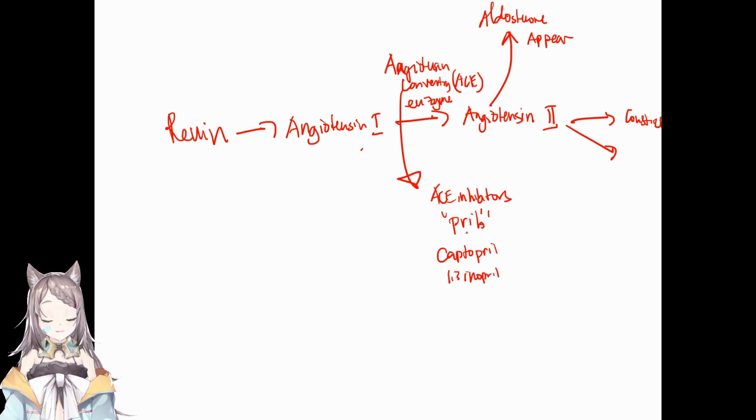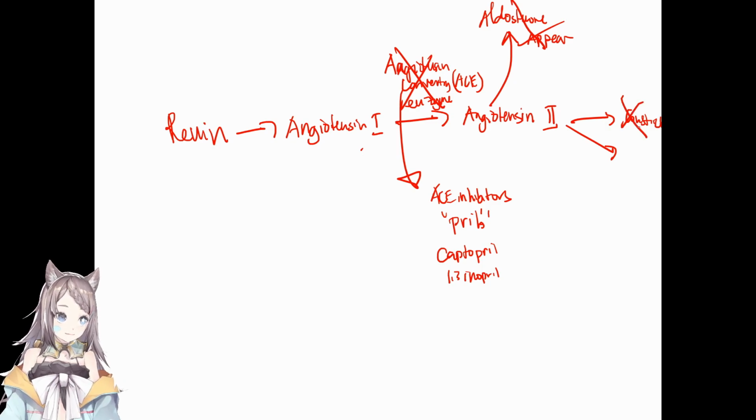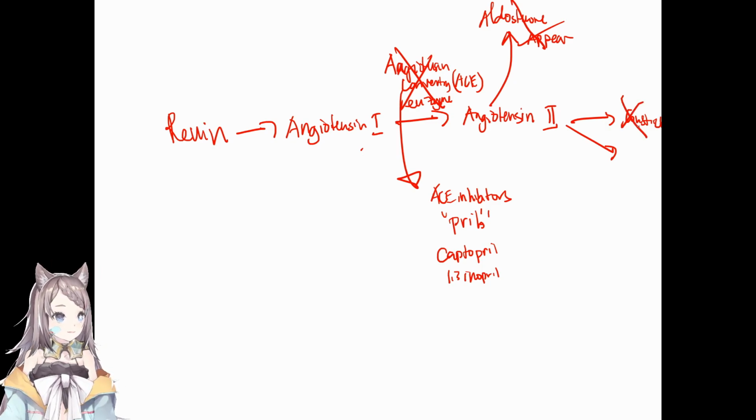These drugs act by blocking this enzyme here. If you do not have this enzyme here, angiotensin 1 will not be converted to angiotensin 2. If you do not have angiotensin 2, aldosterone will not appear. Constrictive effects will not appear as well. Therefore, blood pressure decreases.